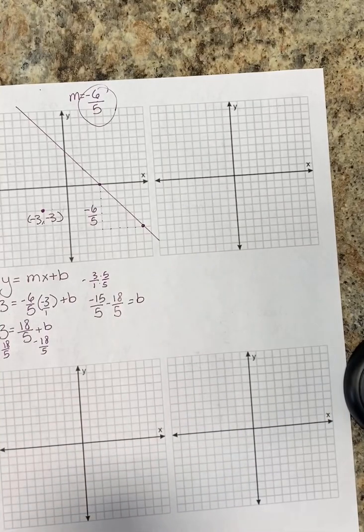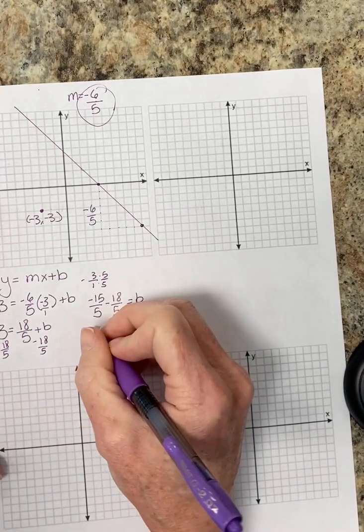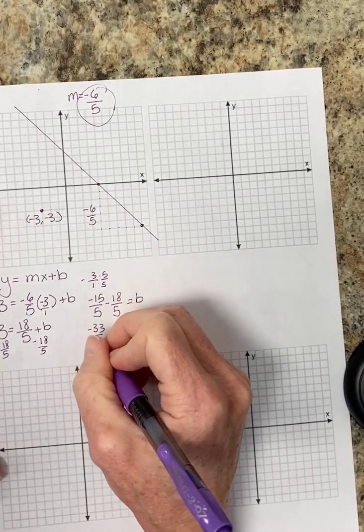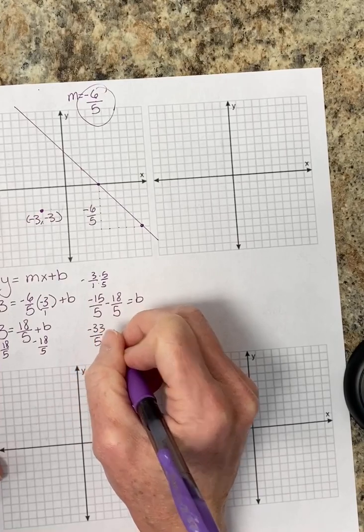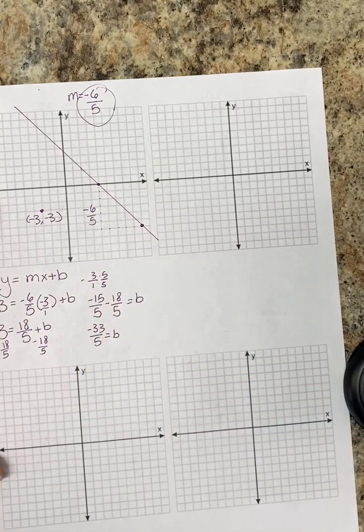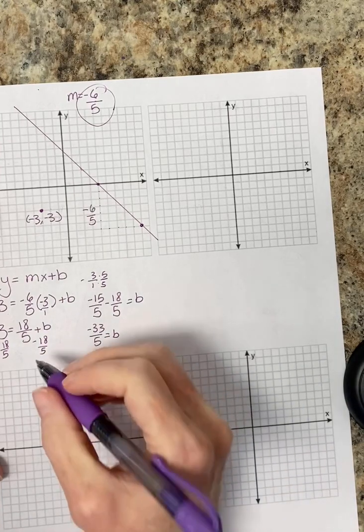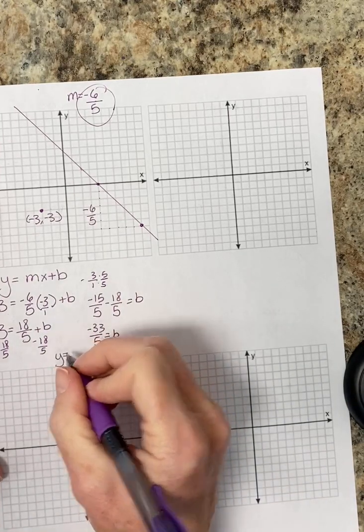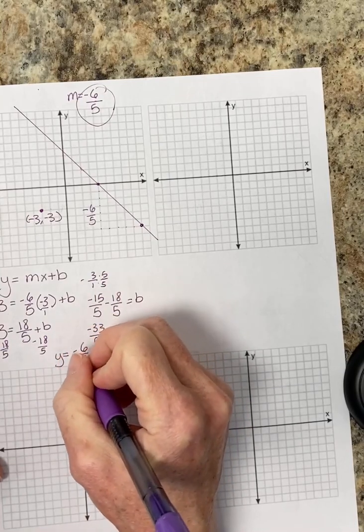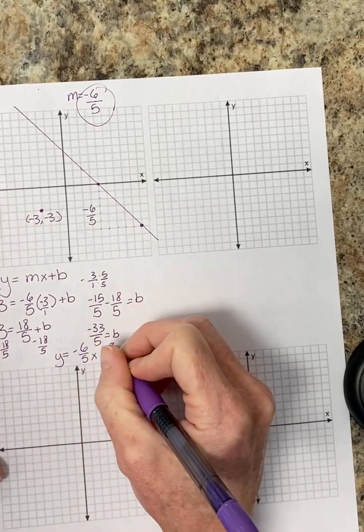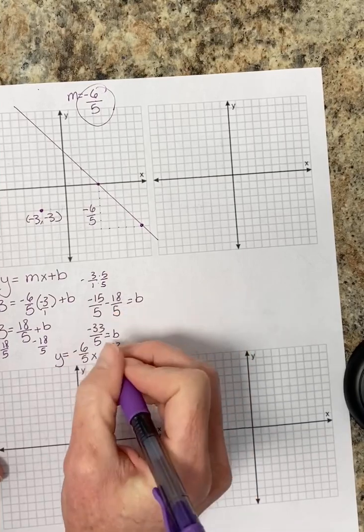Oh, such ugliness. So we ended up with -33/5 equals b, okay? And we know the slope, so we're done. So we have y equals -6/5 x minus 33/5. Ooh.